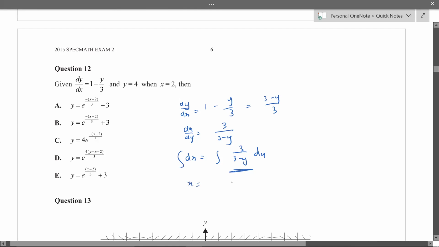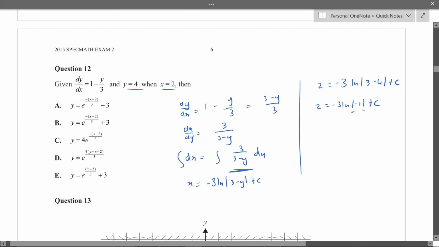So yeah, you can see this is easily your log integral. So plus c, never forget the constant. And since they give you the boundary conditions, you can sub them in to find c. So 2 equals negative 3 ln of minus 1 plus c.